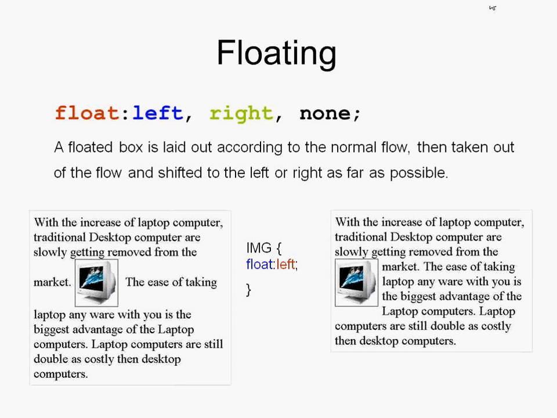A block level element by default can't go up, it will come in the next line. Let's say the total view size is 800 pixels and I have created two divs of 300 pixels, but they will come one below the other. But if both float, the element will try to float towards the left side, and if there is enough space on top where it fits, it moves there.